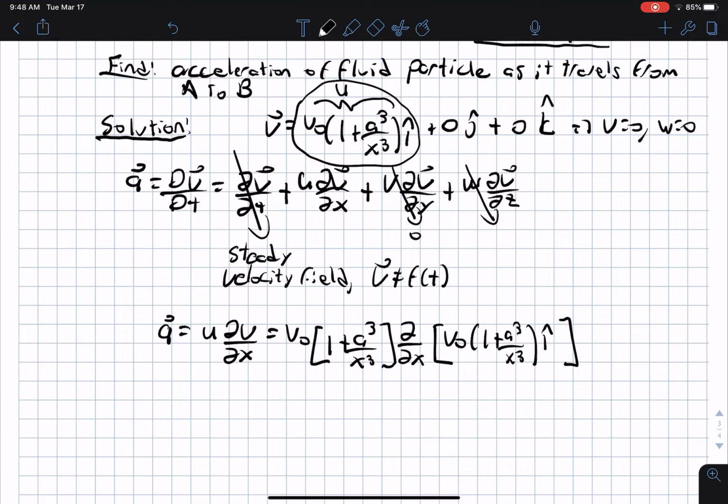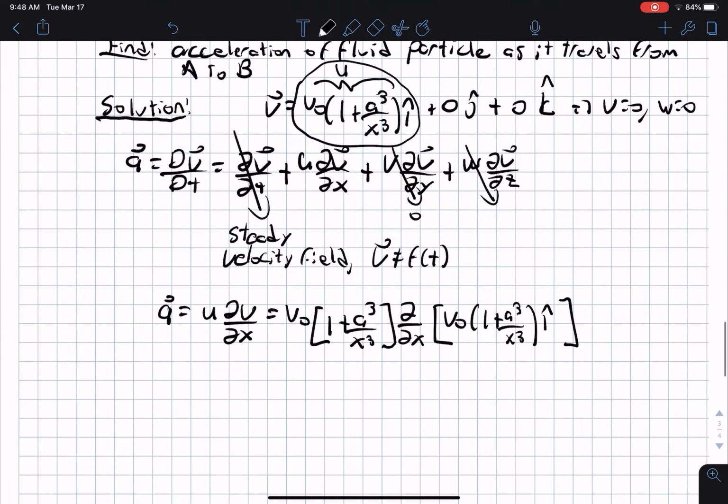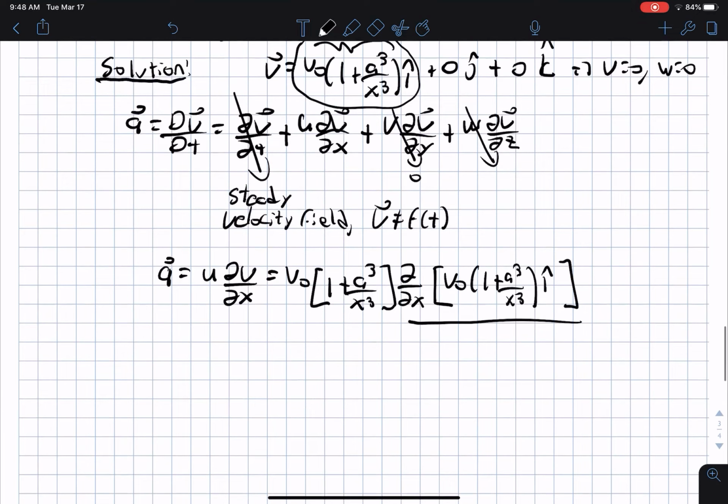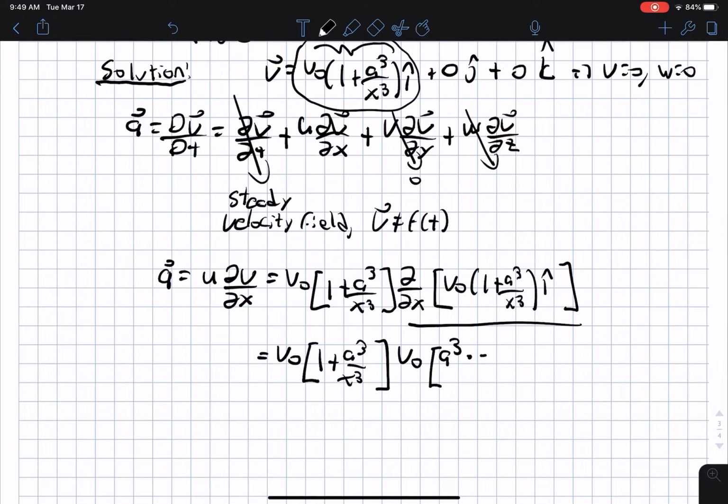So if we substitute everything in and do this derivative over here, this winds up being v naught times 1 plus a cubed over x cubed times v naught times a cubed times minus 3 x to the minus 4 i hat.